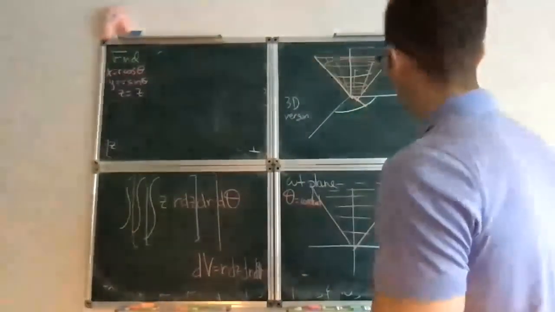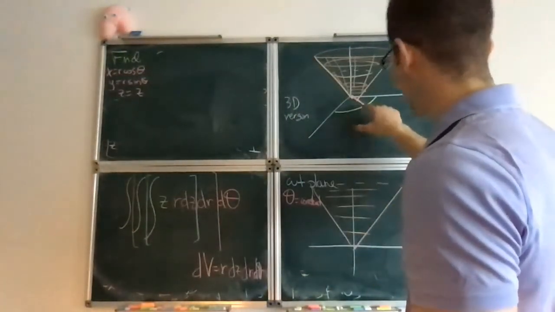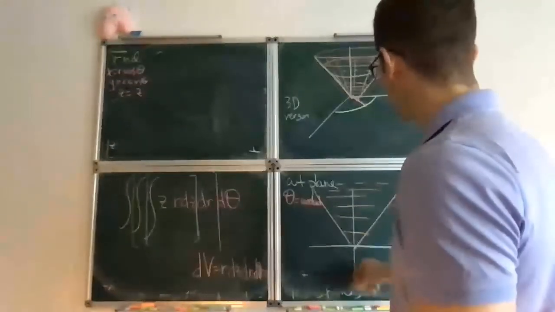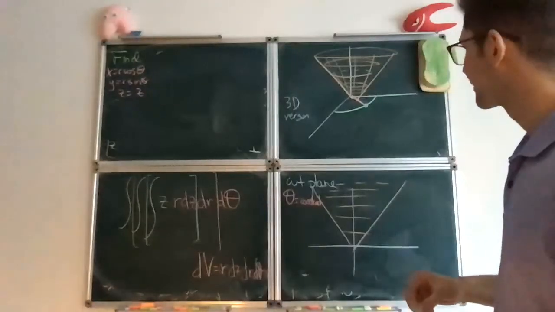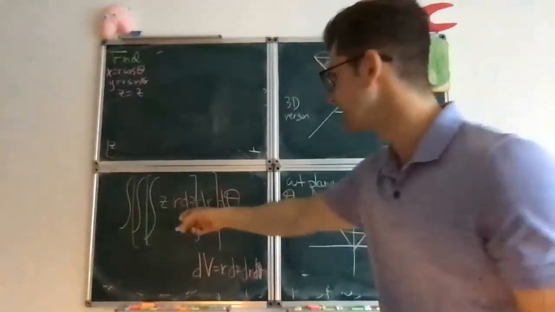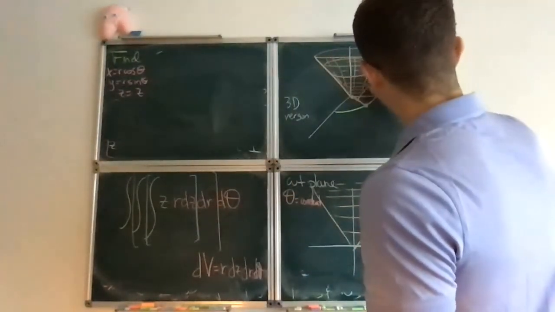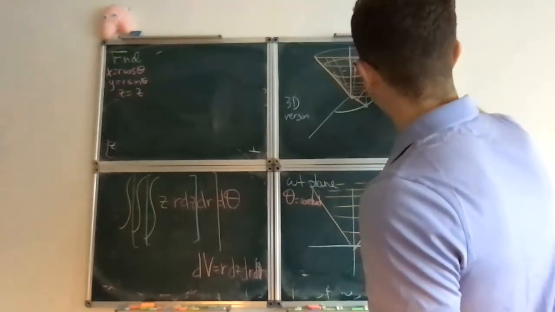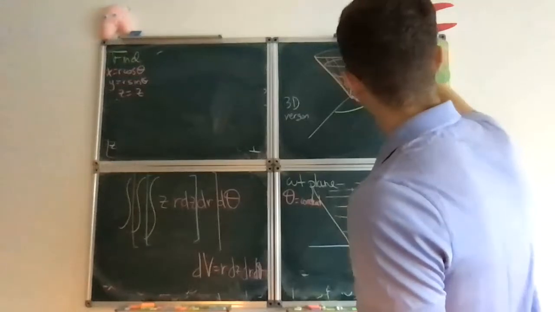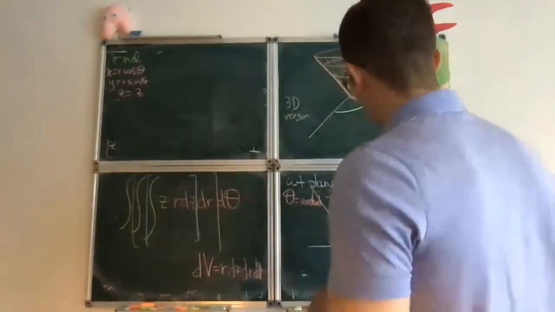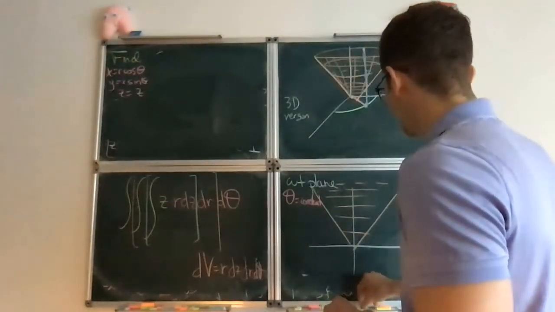So you're looking at points that have a fixed value of theta and a fixed value of r, so something like this, and the only variable that's allowed to change is z. So these are like the vertical arrows that I was trying to do last time. When we cut the plane, we always think of this as the z-axis.